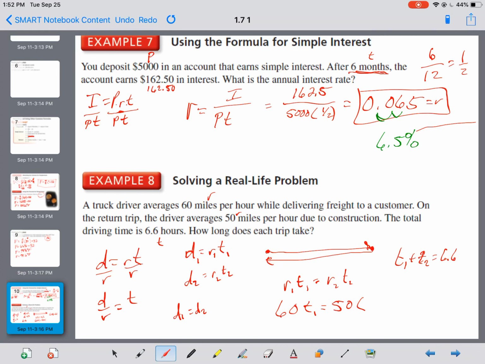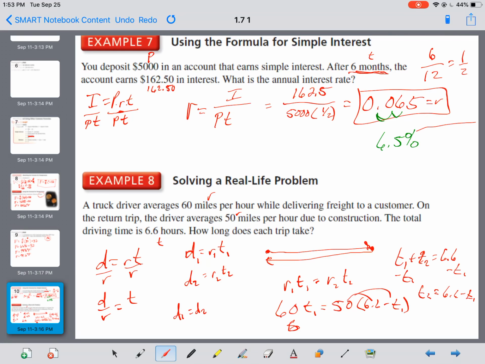And instead of time 2, we subtract from both sides, time 2 equals 6.6 minus time 1. So 50 times 6.6 minus time 1. We're going to distribute.